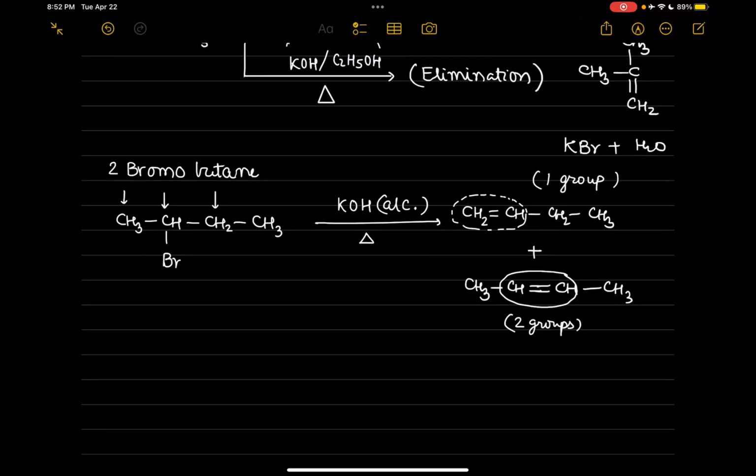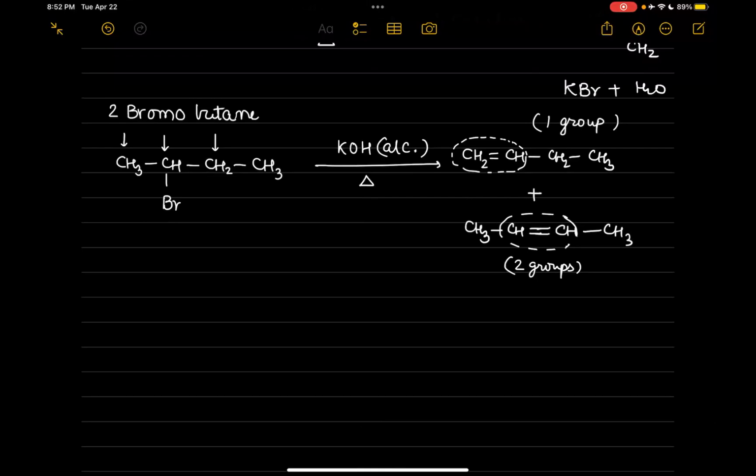And there you had just one group. Are you getting my point? That is mono-substituted and this is di-substituted. Right? Is it clear? Mono-substituted means one alkyl group, and di means two alkyl groups on both sides, or you can have three groups also.